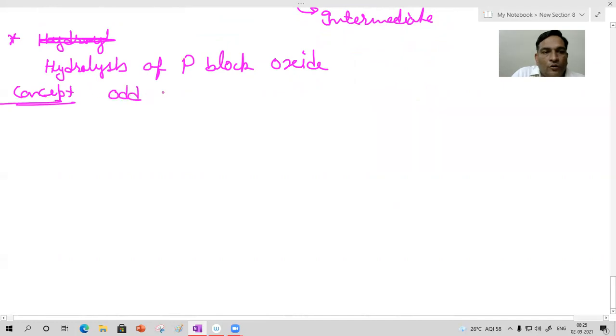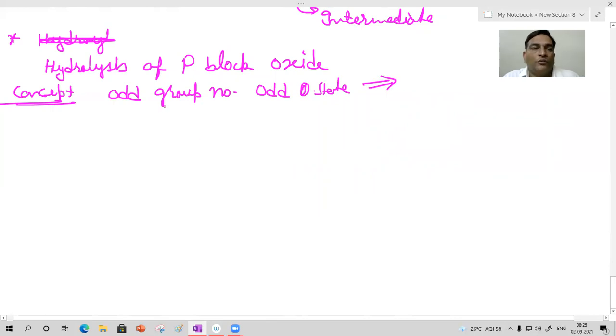Odd group number, odd oxidation state: the same oxidation state product forms.